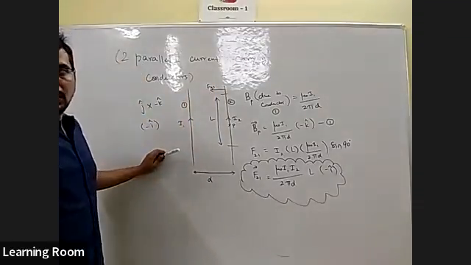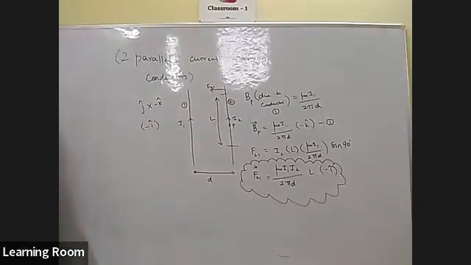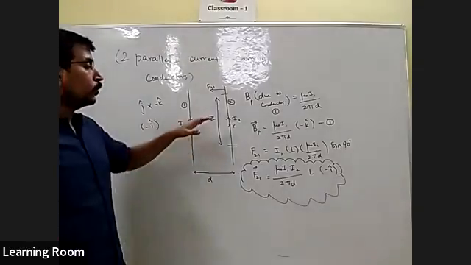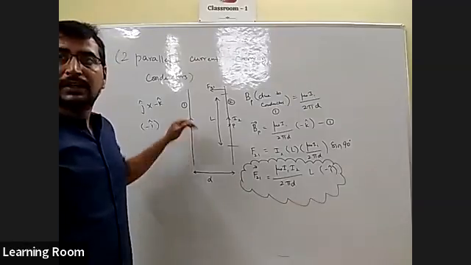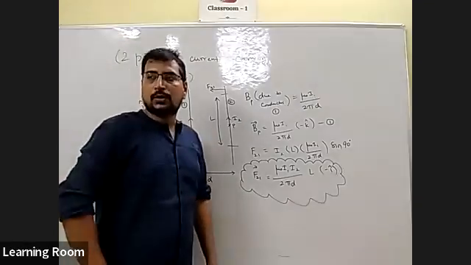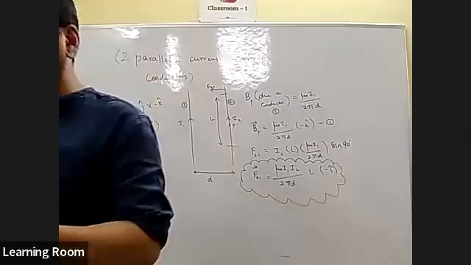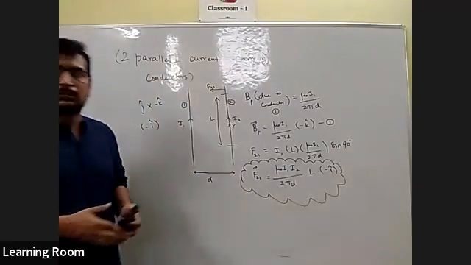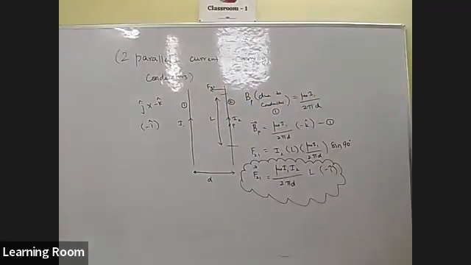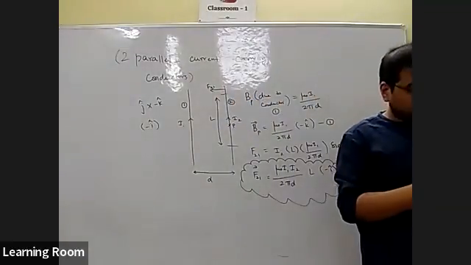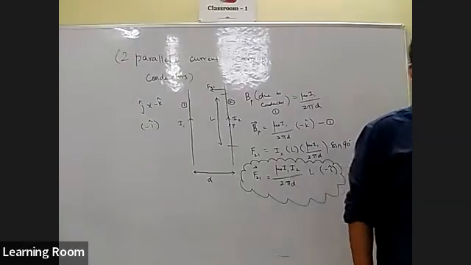Okay. Now I'll give you 2 minutes. Try to find out what is the force experienced by the first conductor due to the magnetic field of the second conductor. Do exactly the reverse process. So what is the first step that you need to write?